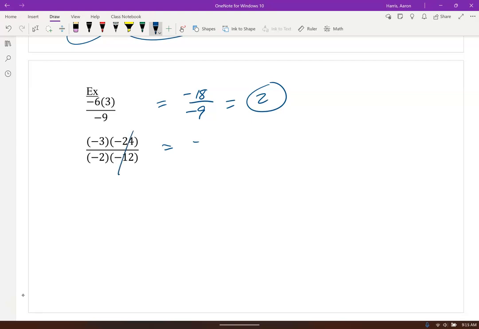What does that give us? Negative over negative, positive, right? So I have -3 over -2 times 2 over 1. And now I'm going to multiply numerators. -3 times 2, -6. Denominators, -2 times 1, -2. -6 over a -2 is a positive 3.